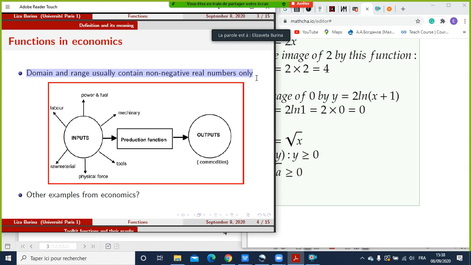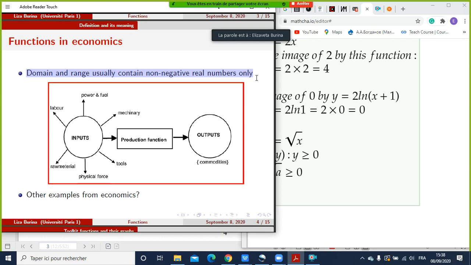We cannot consume minus one apple, we cannot get, I don't know, minus 1,000 euros to spend. Usually we talk about the first quadrant. I'll show you later what it means on the graph.